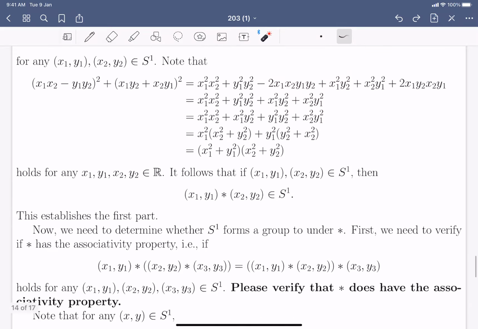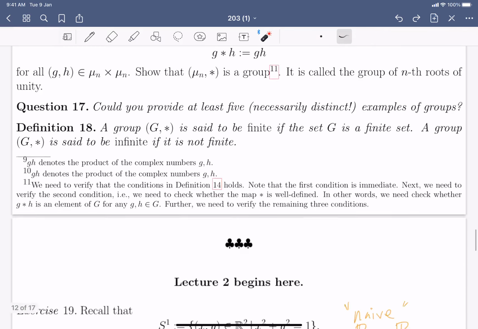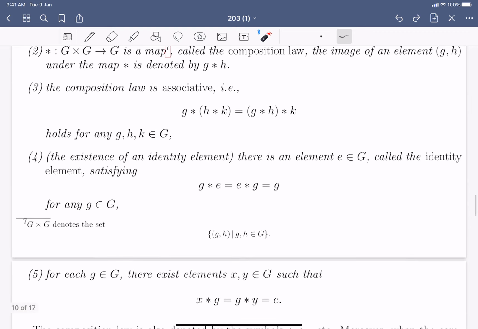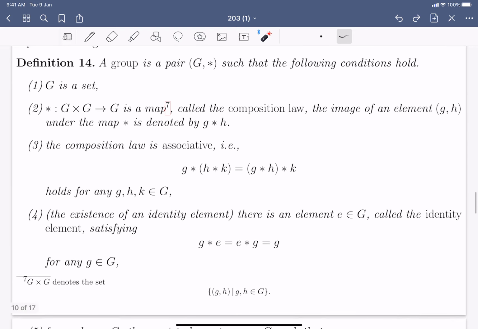Here there are certain questions that you may ask. While doing math, terminology is really important: the use of verbs, articles, and in other words how each sentence is formulated. Here we say that there is an element E called the identity element. The article is a crucial one. Instead of calling it an identity element, we say that E is called the identity element.